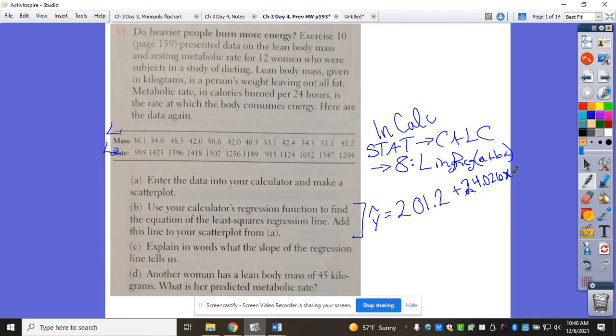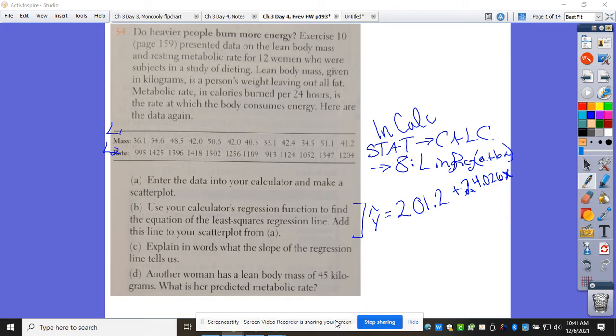And then I want to make a big point about this because I think y'all be fine about it, but kind of what one word does it ask you in part D that's very, very obvious as to what you do? Predict. Anytime it asks you to do this, predict, what is the predicted? We plug it in.